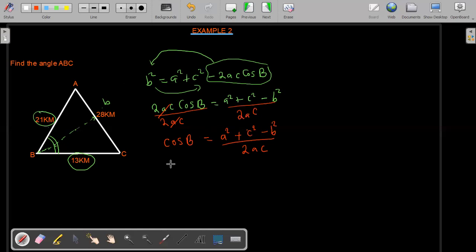So we are now going to replace cos B. Let me write it from this side. Do we have cos B? We don't have it. So we are simply going to say this is a squared plus c squared minus b squared over 2ac.